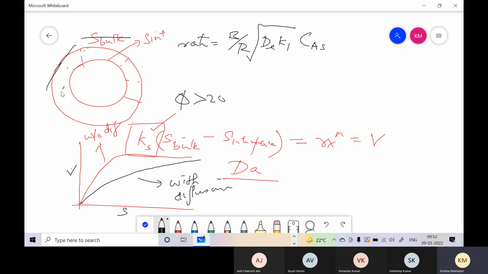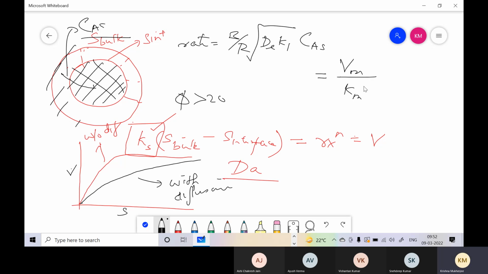It is just the pore. And in this pore, the substrate is diffusing in. And this diffusion will become a bigger problem when S at the interface, at the C_AS here, is low. So this is equal to Vmax over Km apparent into C_AS.